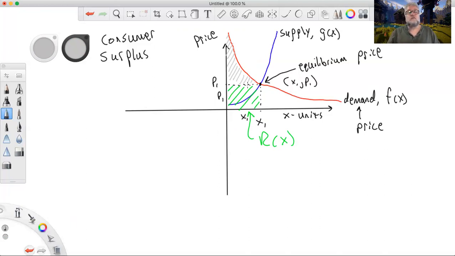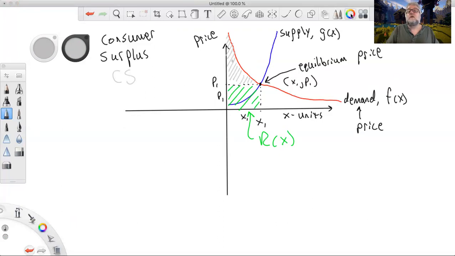We have a surplus of customers, and so they're willing to buy stuff, but they're willing to buy it up here at a higher price point than what most of the people did that purchased it on the normal supply and demand curve. So the consumer surplus, boy, that's really hard to read.